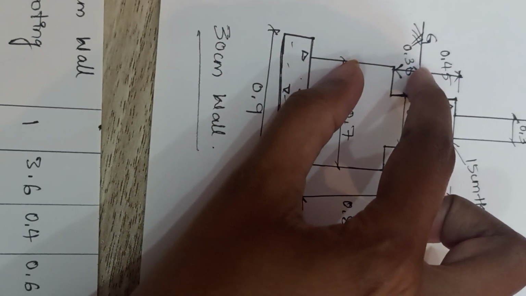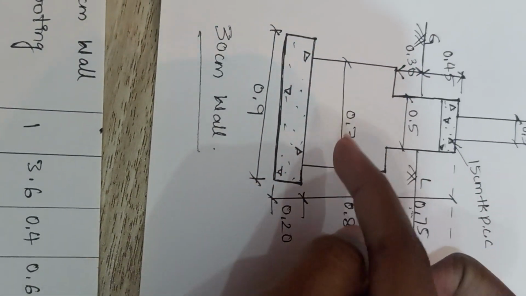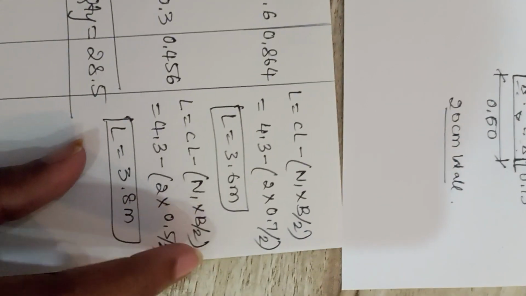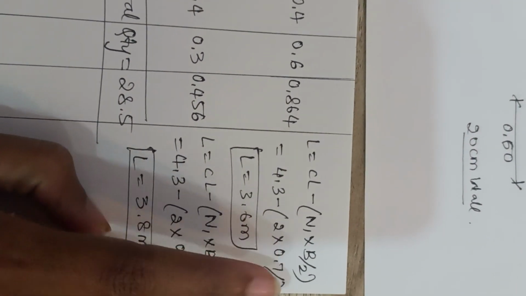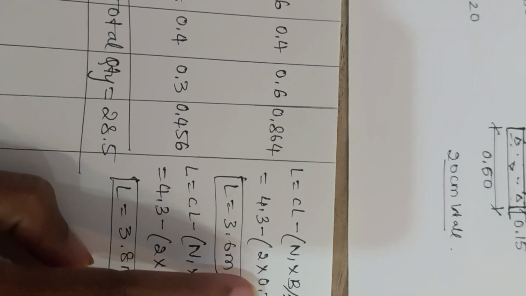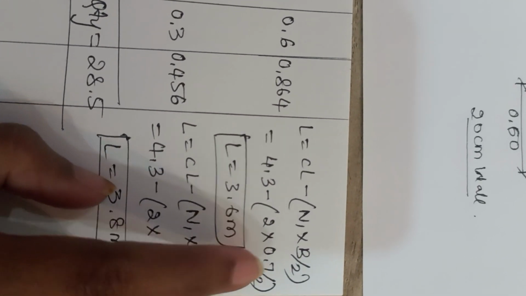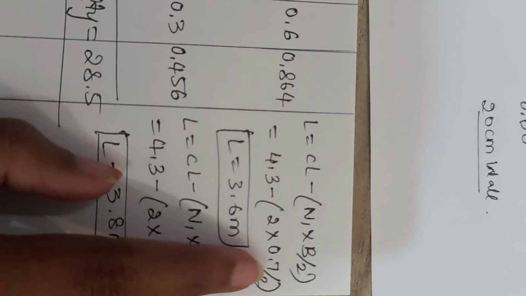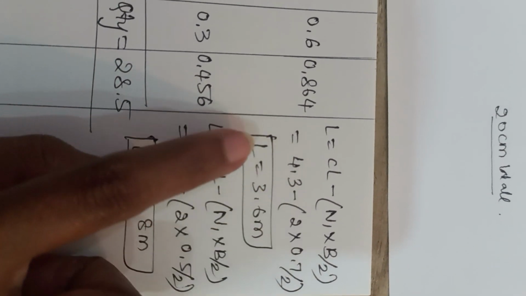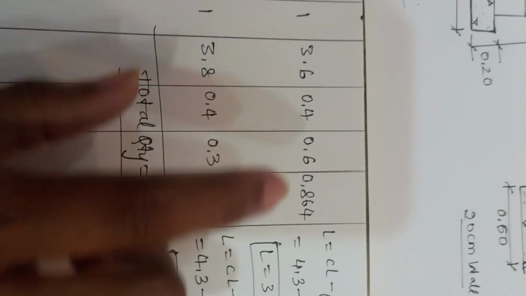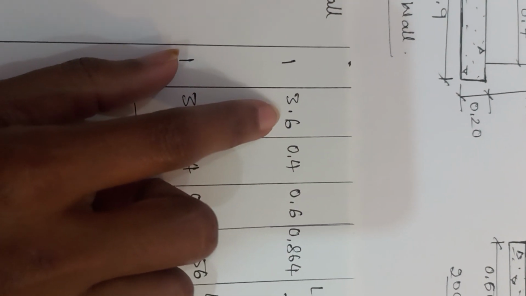So if you take depth of 0.6, you may get a width of 0.7. So that is what you had to enter here. B represents the corresponding width of your depth from the 30 centimeter wall, that is getting as 0.7. Divide that with 2 and simplify it, you will get L value as 3.6. The same value you need to enter in the table.